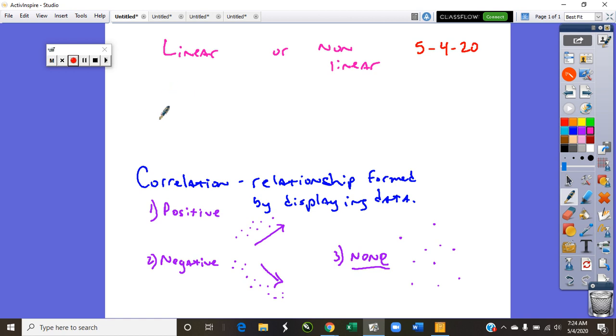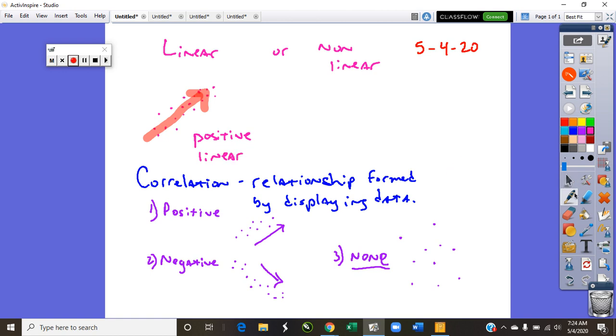Now, what does that mean? Let's say I have a positive correlation, and most of these plots that I point, if I was to take an arrow and draw it right up through the middle like this, it's kind of a straight line. That would be a positive linear correlation.